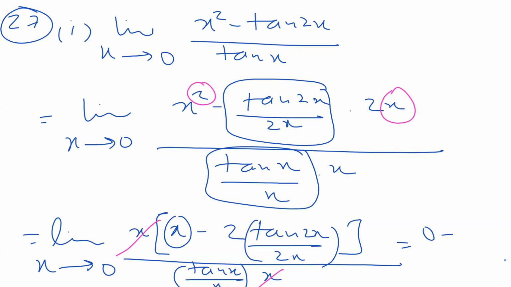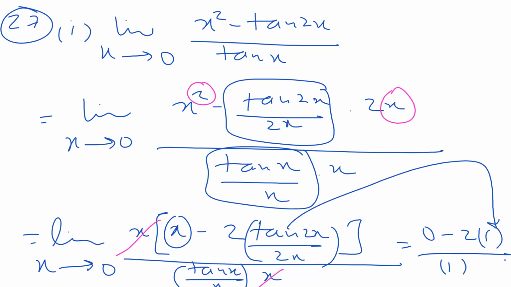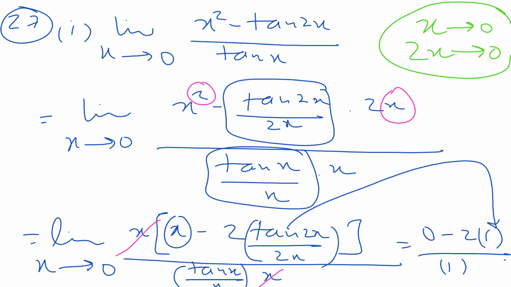So x is 0, 2 into 1, this will be 1, and down it is 1. So the answer is minus 2. The note which you're going to write is, as x approaches 0, 2x also approaches 0. Let's go to 27 sub question 2.